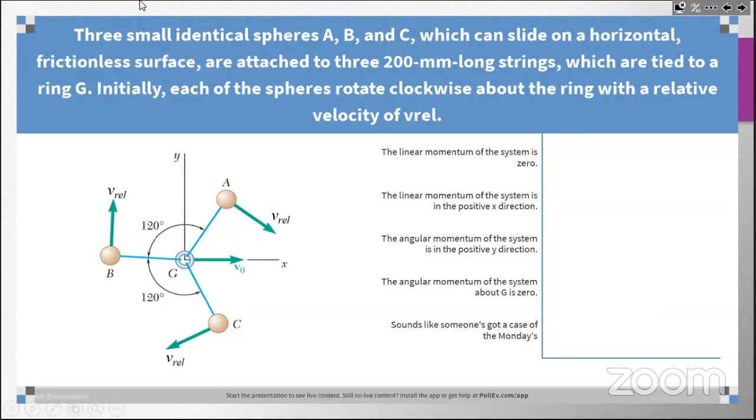Okay, so I'll pull that up in a second. A lot of this is going to boil down to us determining this one.